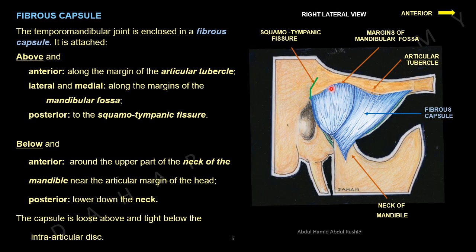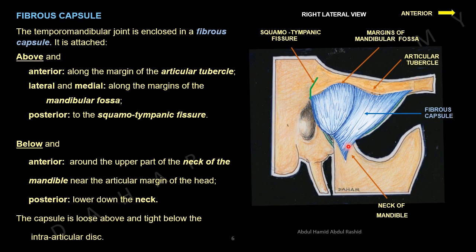Posteriorly, this fibrous capsule is attached to the squamotympanic fissure. Below and anteriorly, the fibrous capsule is attached around the upper part of the neck of the mandible, near the articular margins of the head.